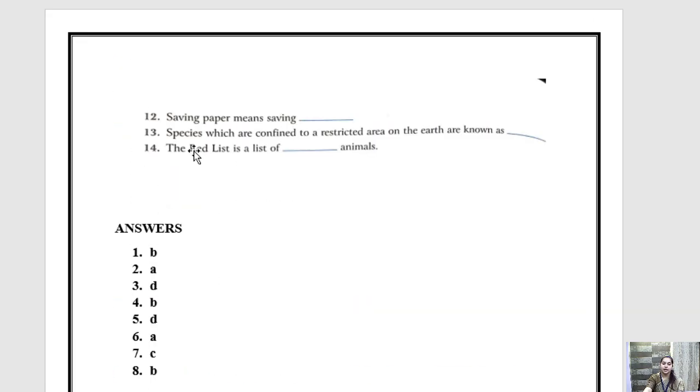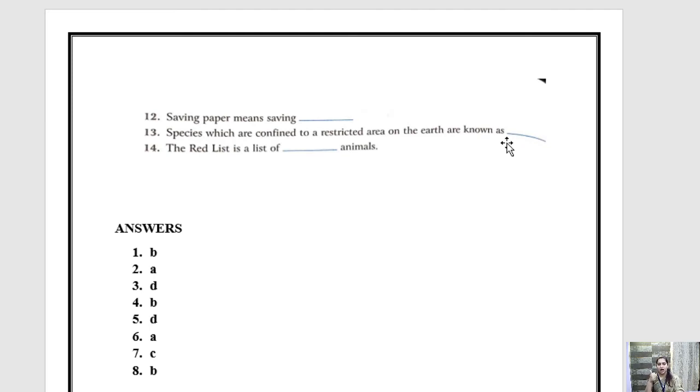13th. Species which are confined to a restricted area on the earth are known as. When they are restricted to a particular area, they are called endemic species. So let's recall it again.